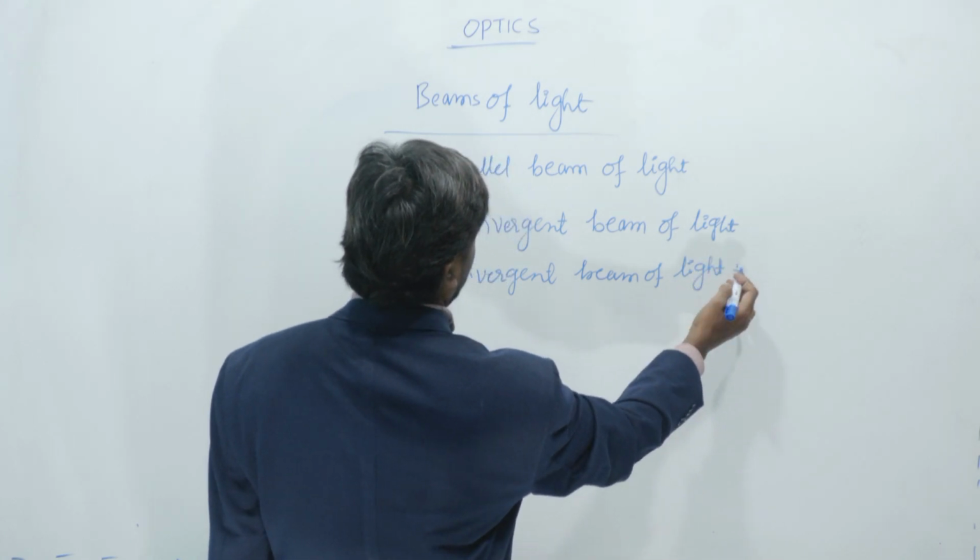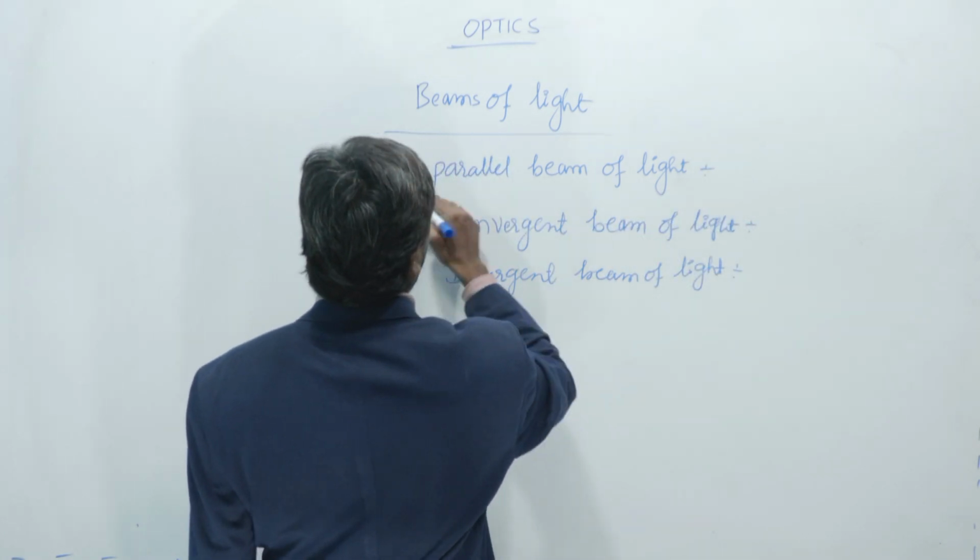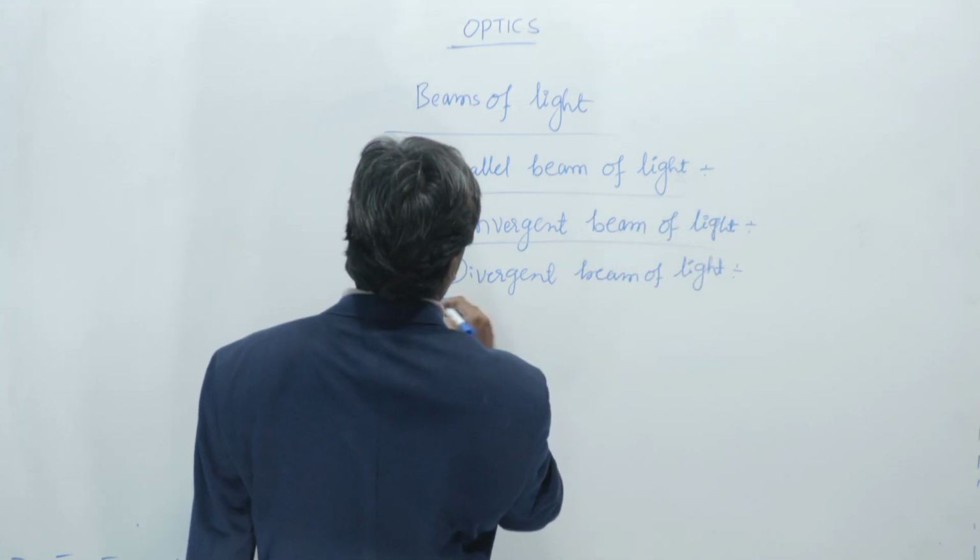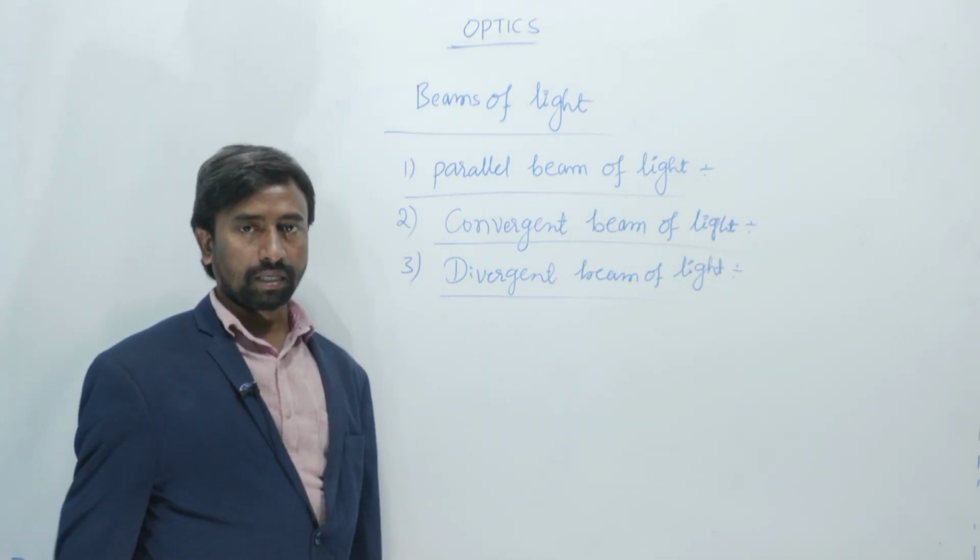There are these three kinds of beams of light: parallel, divergent and convergent.